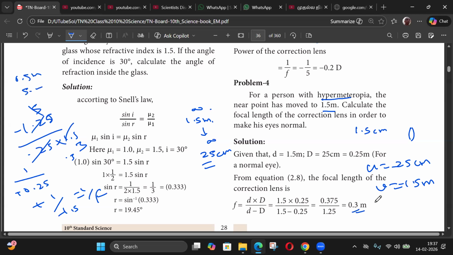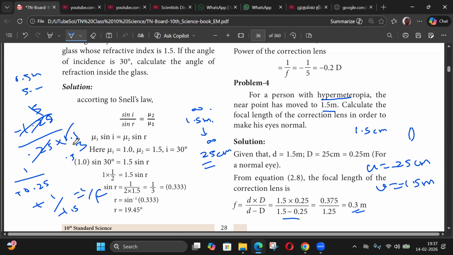I did something wrong. The numbers are correct, but this is wrong. 1.5 minus 0.25 is 1.25 only. 0.25 4 times is how much? 5 times is this one.